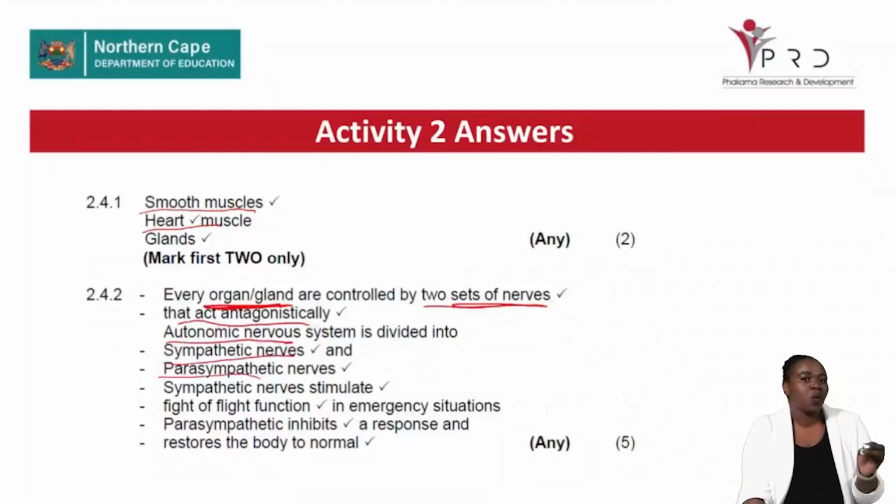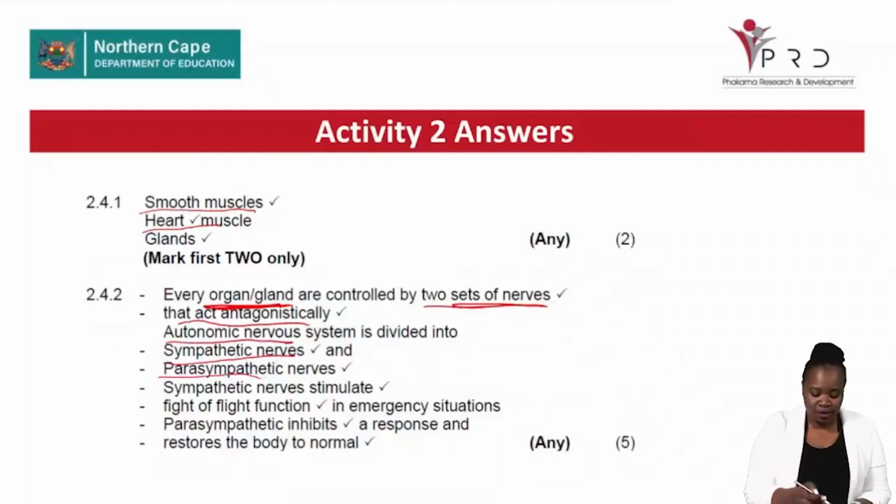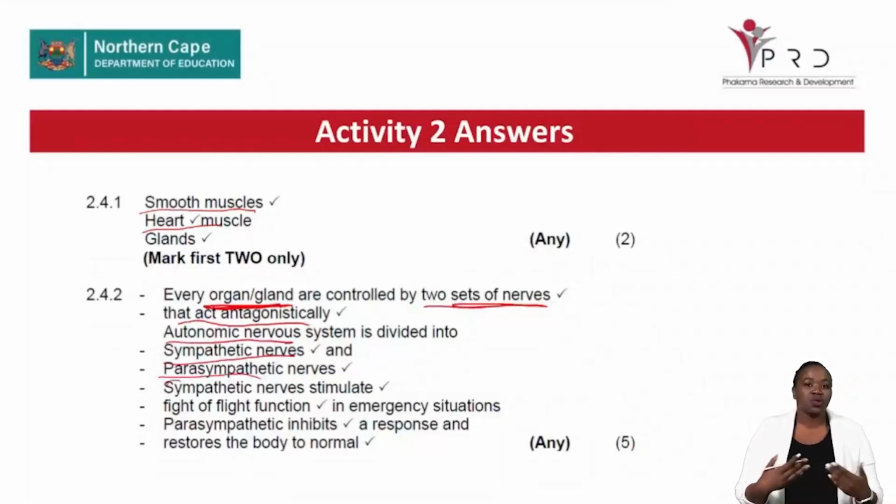When the sympathetic sets in, the parasympathetic would relax. Later on, after that emergency situation, the parasympathetic would function to make sure that your body is restored to the normal state.